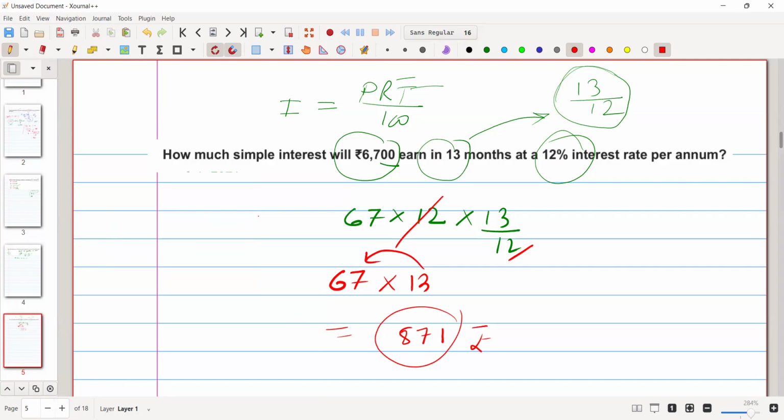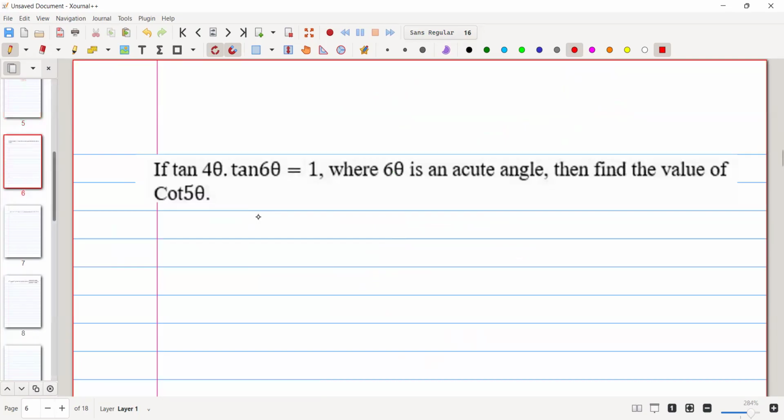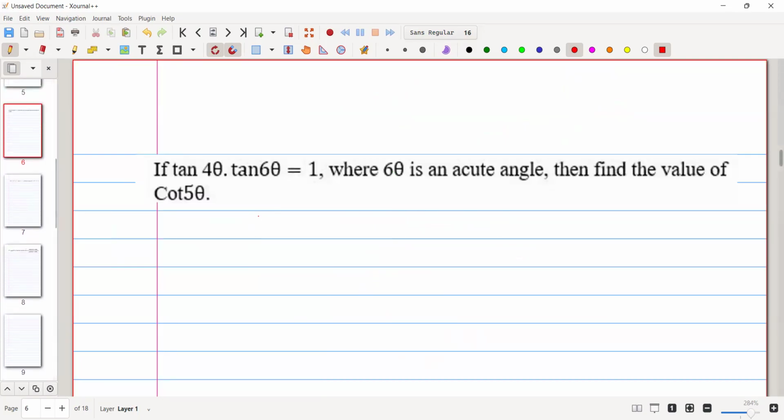So go for the next one. If tan theta into tan 4 theta, tan 6 theta is equal to 1, where 6 theta is an acute angle, then find the value of cot 5 theta. So how to do this?